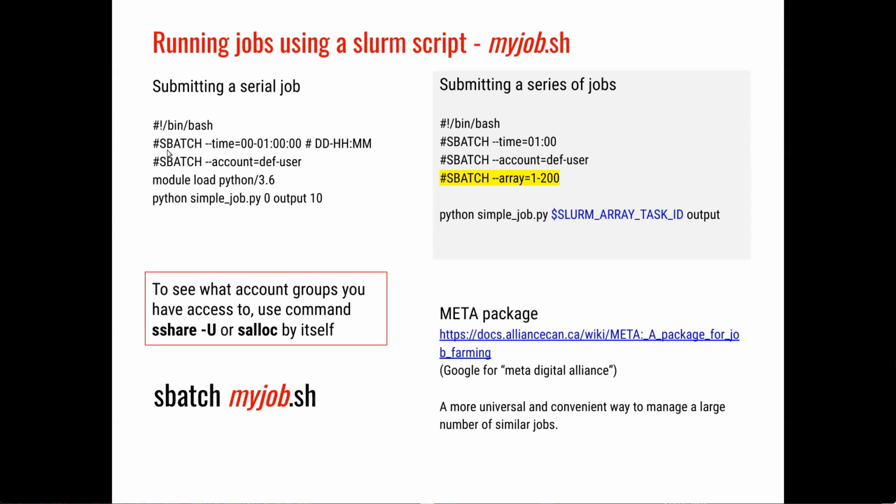And then after specifying these two important lines, in this example, I simply put another two lines. The first one is module load, a Python module, version 3.6. And then the command to run my program in Python: python, my program name, and my Python script takes three arguments: case number, output base name, and another case number.